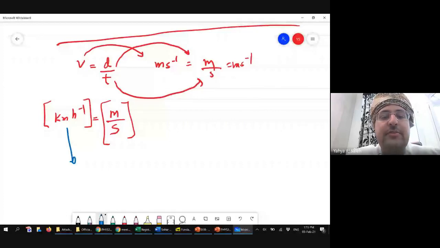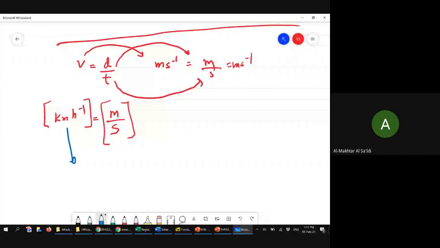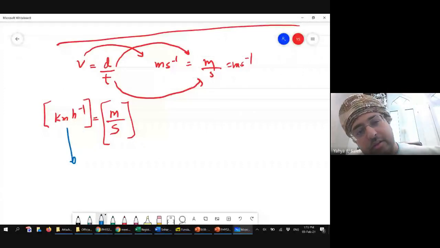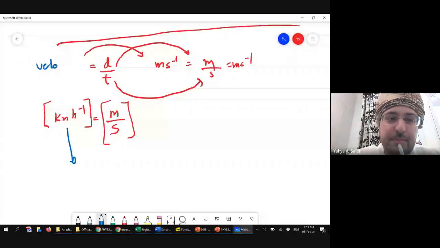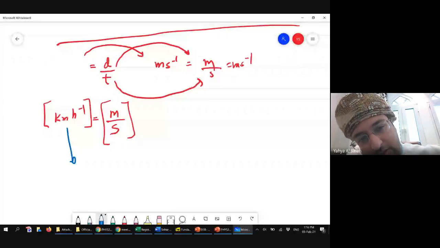This is velocity, speed. Small v, not capital V. Velocity. Or actually, let me not even call it velocity. I will call it speed.